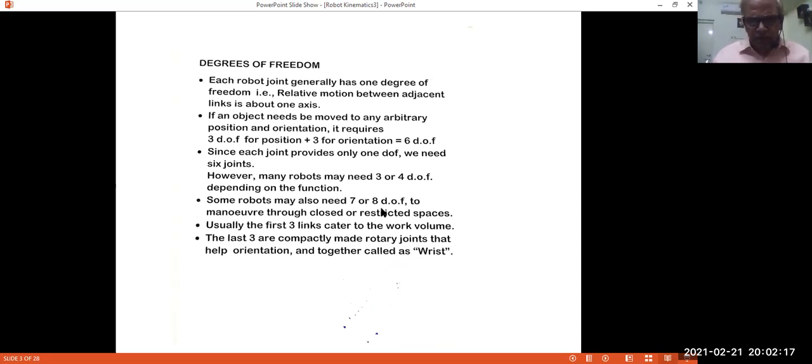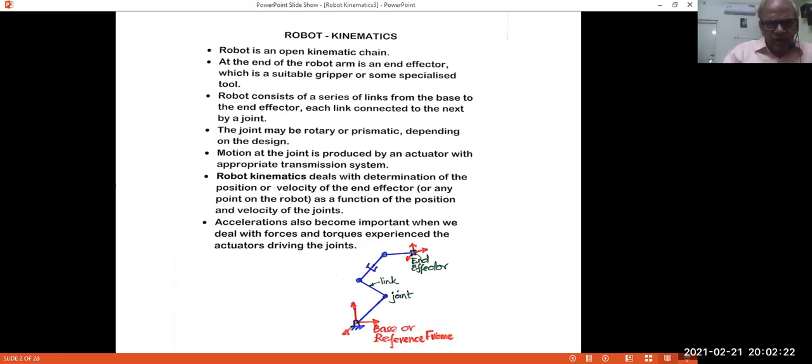Concerning the degrees of freedom, for a robot to be able to position an object held by the end gripper at any point within the workspace, that is the extent of space volume that the end effector can go to, called the workspace, and also be able to orient it, what we do is attach a frame to the end effector.